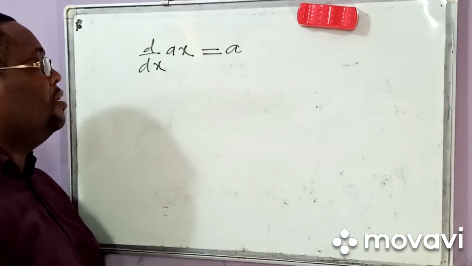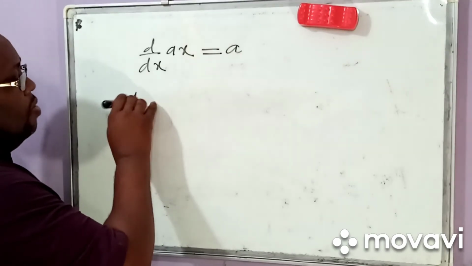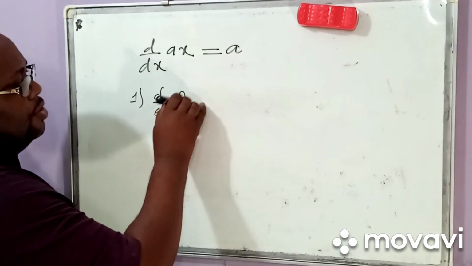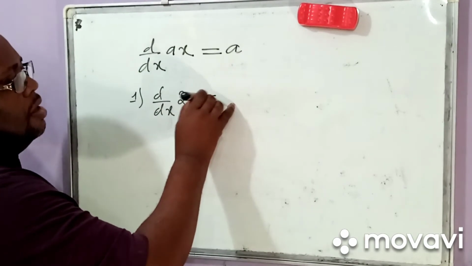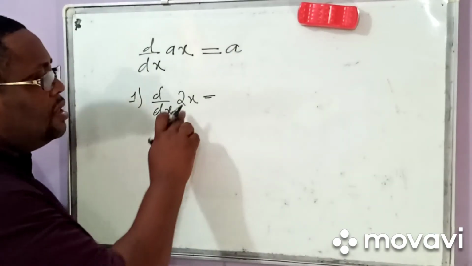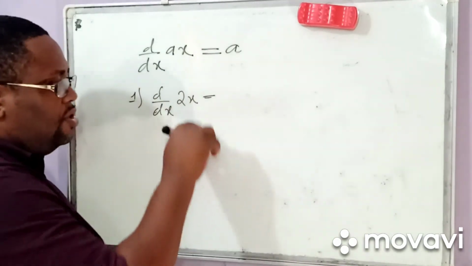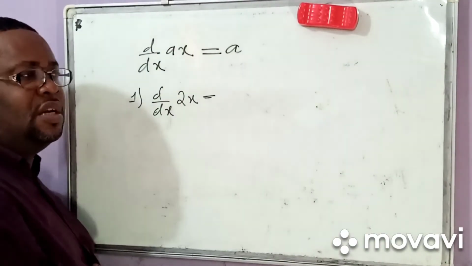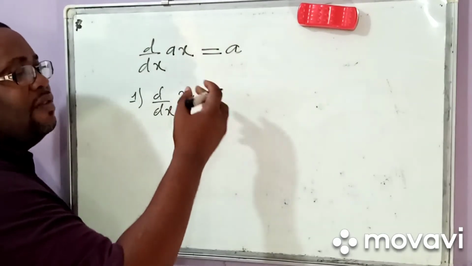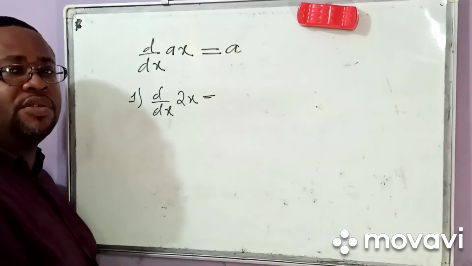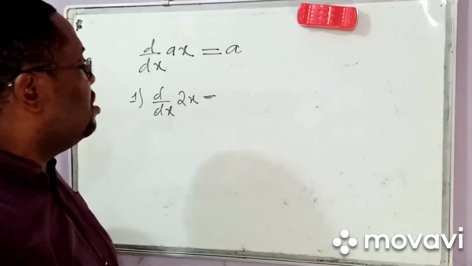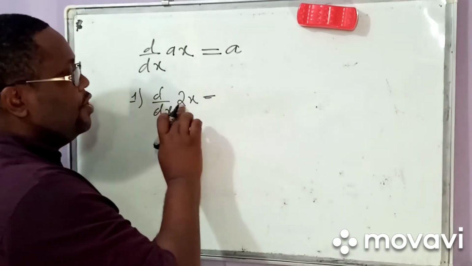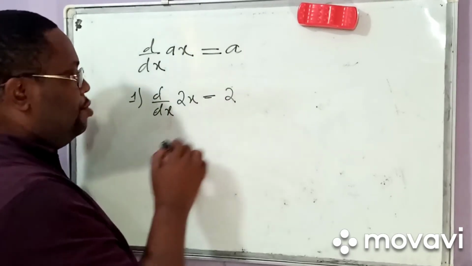For instance, number 1, if you asked me to differentiate 2x, I don't have to do anything. This is ax, because of course the power here is 1. When you follow from the first rule we just did, you will discover that 1 minus 1 gives you 0. So this variable is going to disappear. So we'll simply have a. So when I differentiate 2x, I simply get 2.